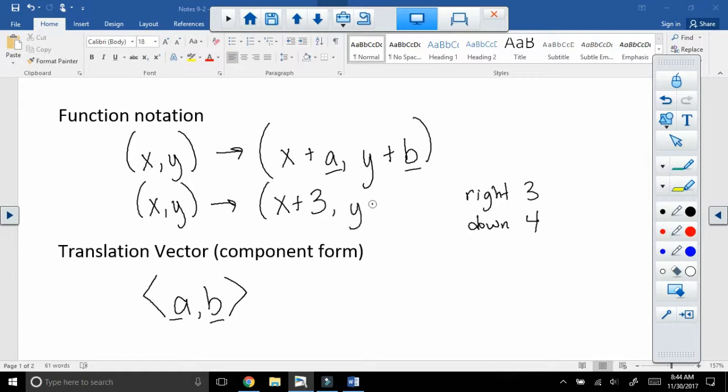And you're going to need to subtract 4 to move it down 4. This same example in component form, or writing it out as a vector, would simply be <3, -4>. This is my preferred method.